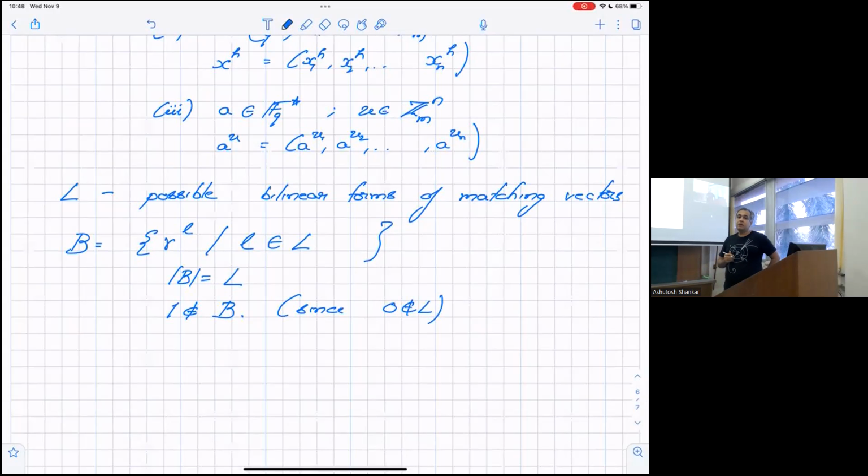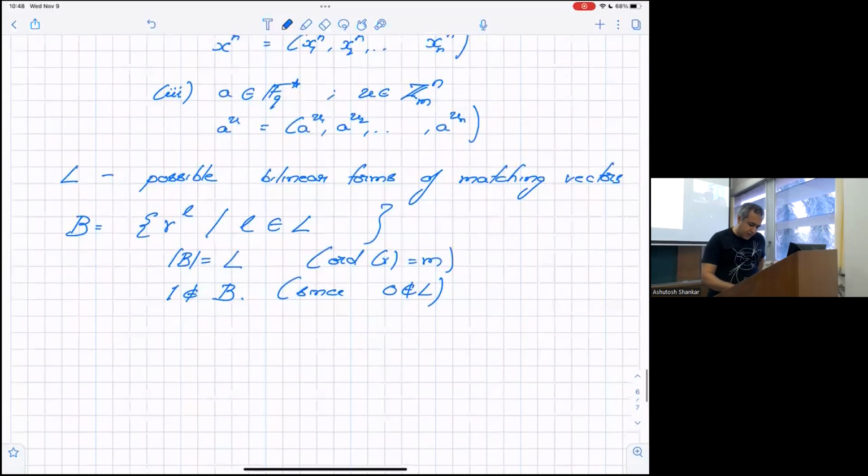Why is the second statement true? Because I have assumed that the order of gamma is M, so there won't be any repeats over here.